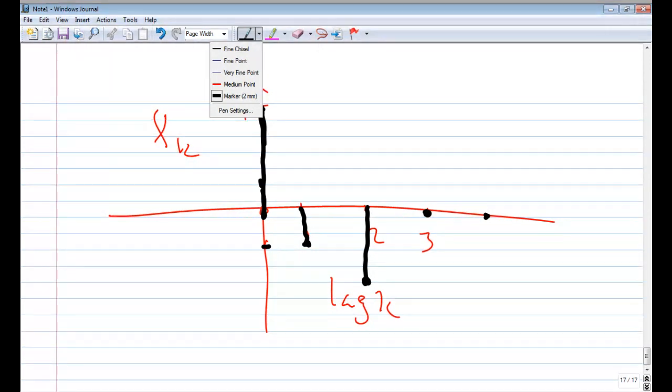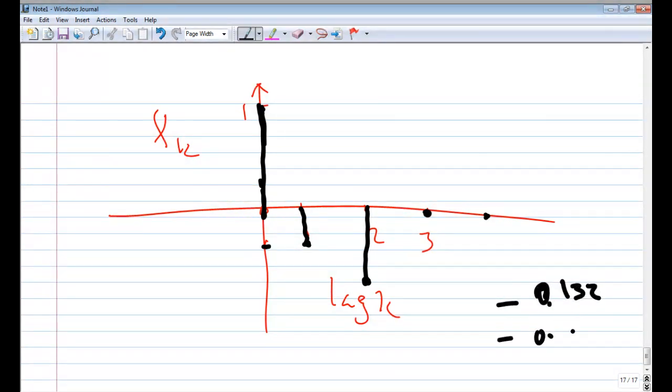Why are we putting them below? Because we are dealing with negatives here. Negative 0.132 and negative 0.158. That's why we have this peak and this one. The rest are zero.